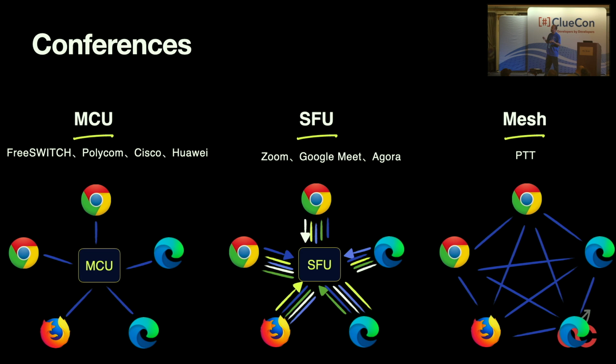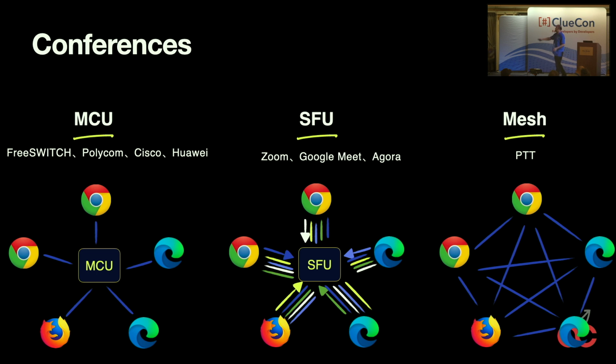And modern conferences use the so-called SFU, selective forward unit, structure, like Zoom, Google Meet, Agora, whatever. They send one stream but receive multiple streams. So they are more flexible on the client side, but it's a bit complicated to build a client.